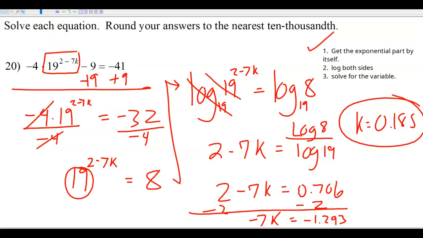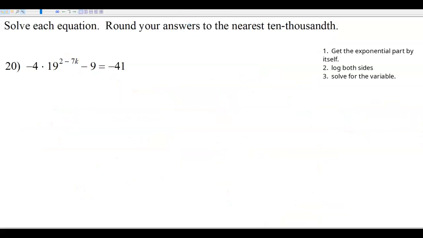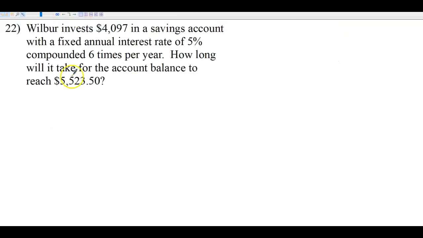All right, let's go ahead and move on to our next problem, number 22. All right, so for the word problems, we're going to need to create our own equation to solve it. And you have 3 exponential formulas that you would have to choose from. You have the general formula, which looks like this.